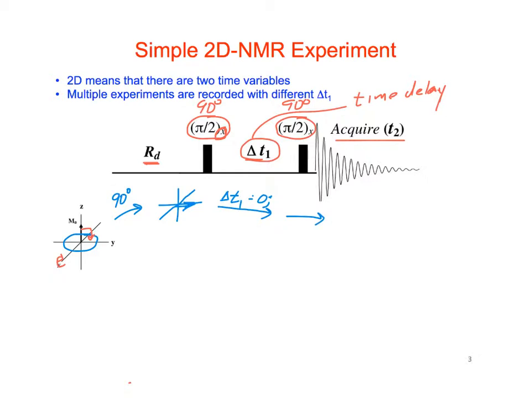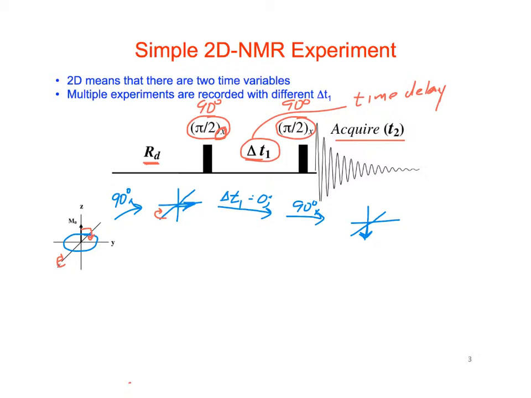Okay, so nothing's changed. Now we're going to do another 90-degree X pulse. Okay, so again we're going to rotate around the same axis, and so we'll rotate that down into the minus z direction.